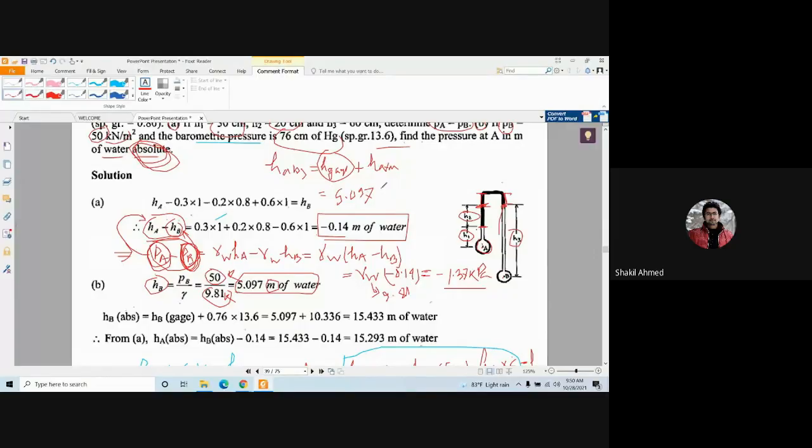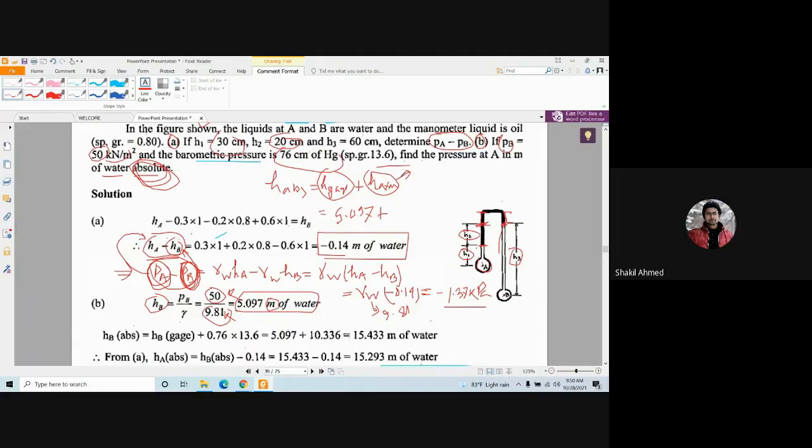Now H atmospheric is given in terms of what? In terms of mercury. But this is in terms of water. So if you want to bring it in terms of water, then you have to write H mercury multiplied by S mercury. Right? Yes, sir.